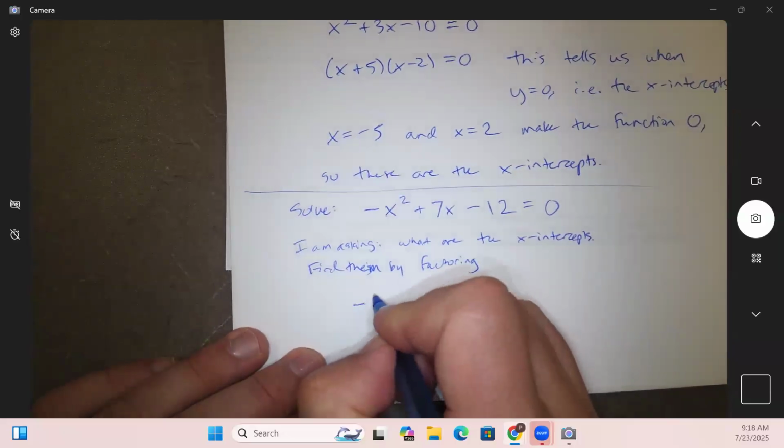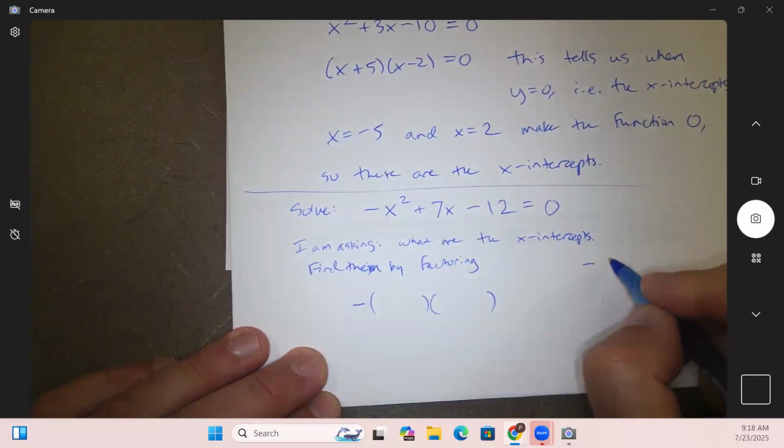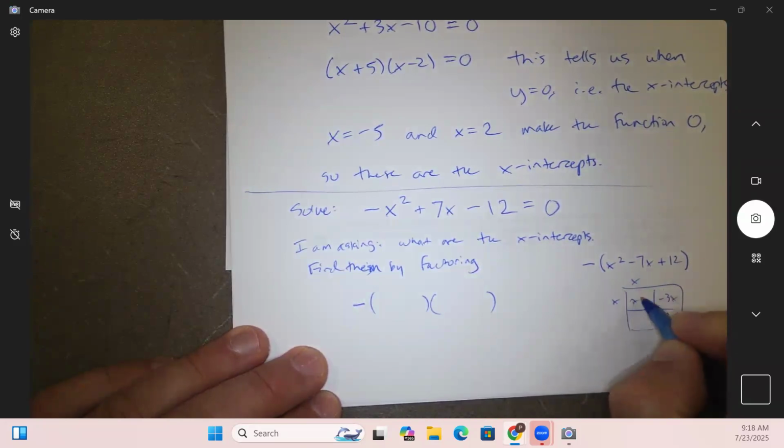I'll use my box method. I'll pull that negative out first. So I get negative x squared minus 7x plus 12. And when I box it, I need two numbers that multiply to be 12 and add to be -7, -3 and -4.